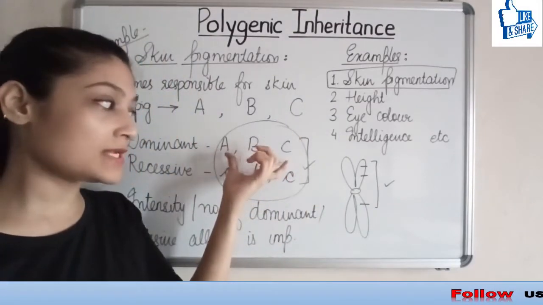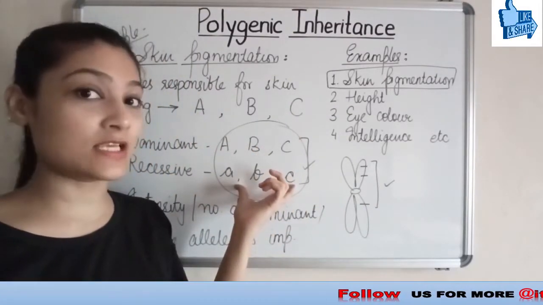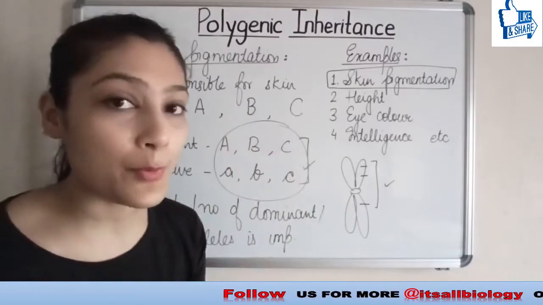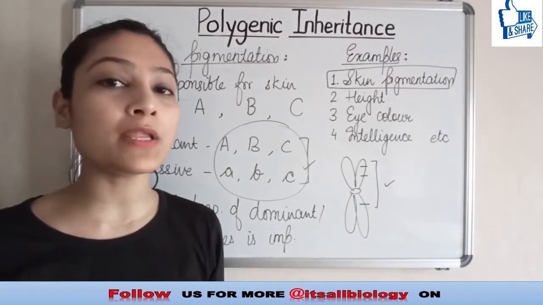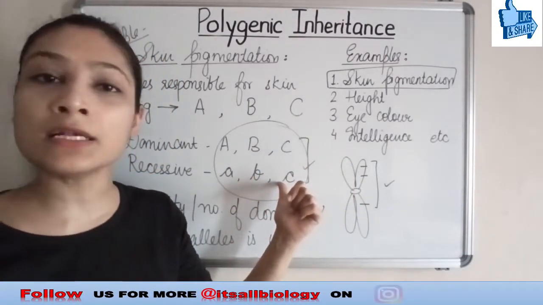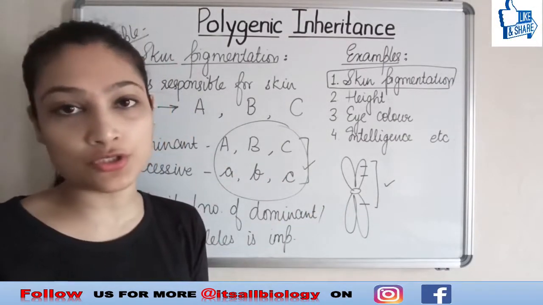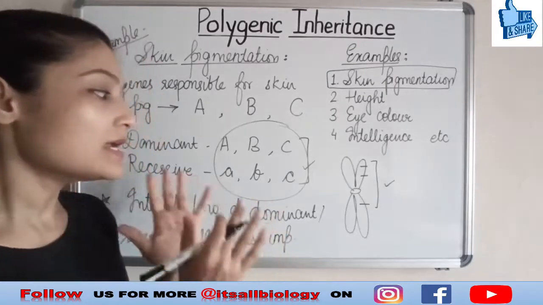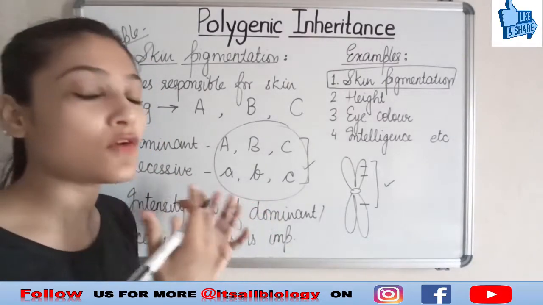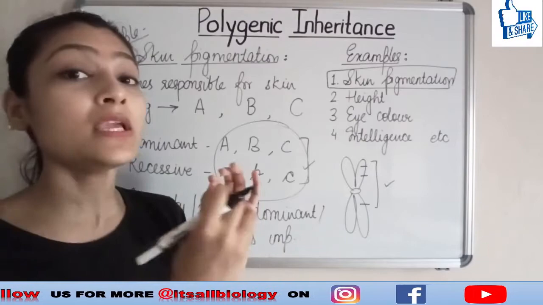How many dominants are present and how many recessives are present, this is important. Why am I talking about how many? Because it is ultimately quantitative inheritance. Quantity is going to matter here. So let's see what all possibilities could be there.